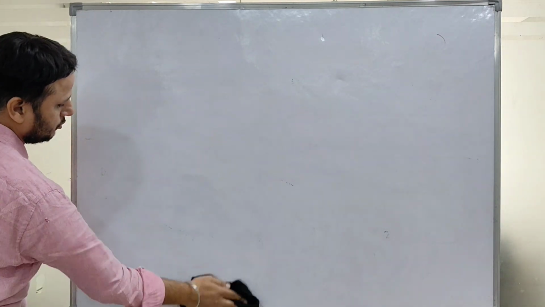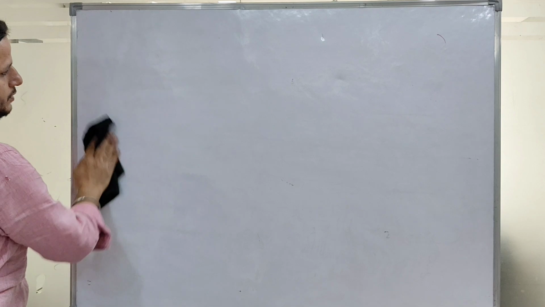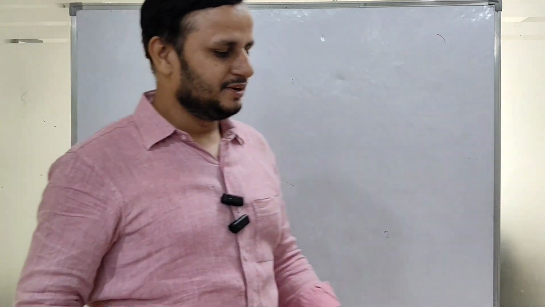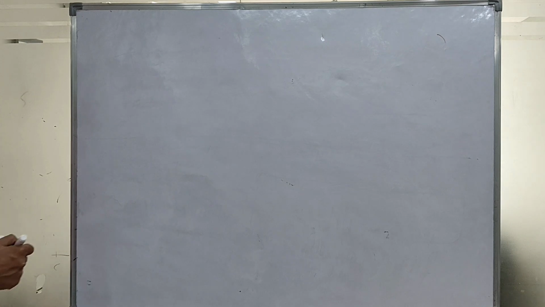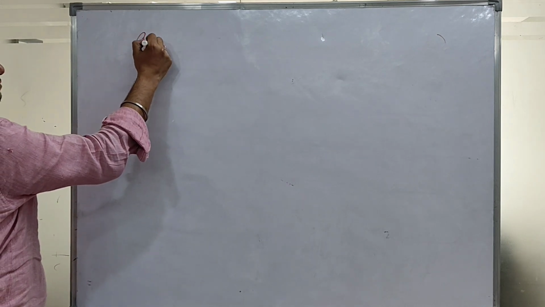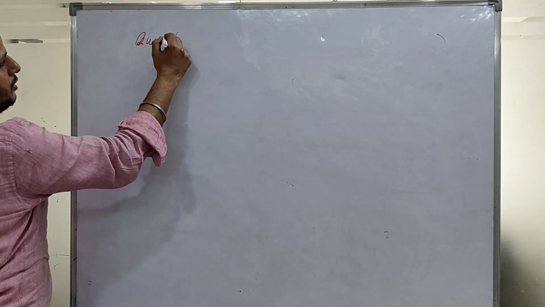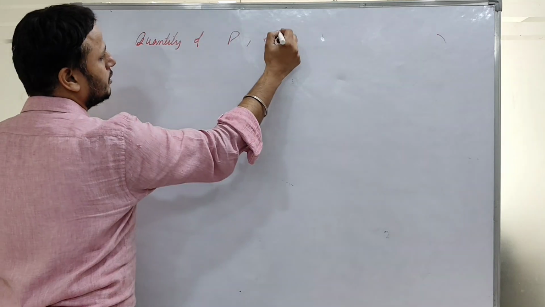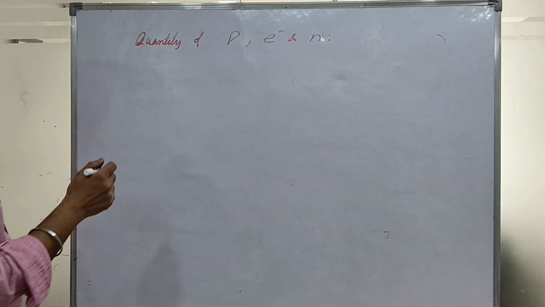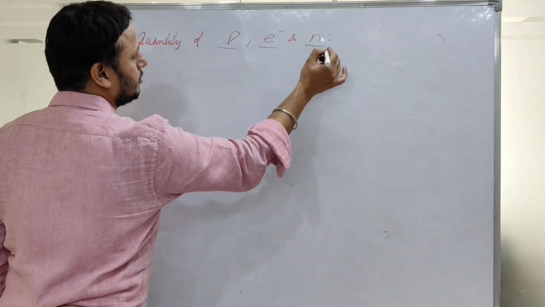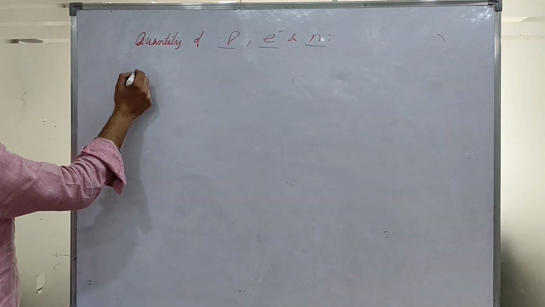Then, before moving further, first we are discussing some terms related to proton, electron, and neutrons. एक तो इनकी quantity of proton, electron, and neutron.